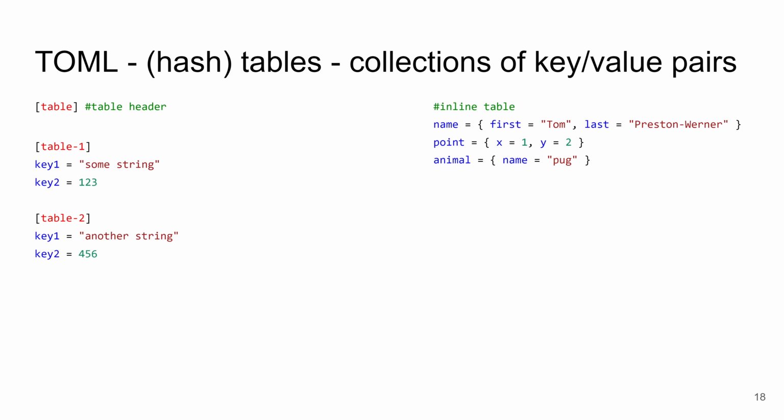So there is a table called name, and it contains two key value pairs, first and last. Then there is a table called point, containing two key value pairs, x and y, and a table called animal, containing one key value pair with the key named name. So this is actually the same as this syntax: the table name, the table point, and the table animal. So those two are actually equivalent.